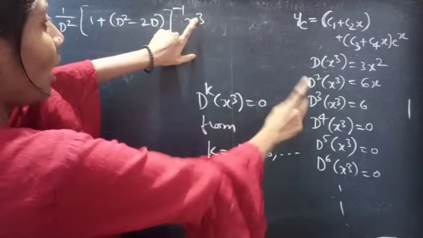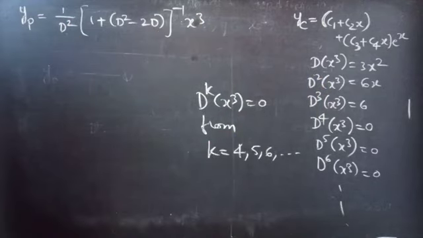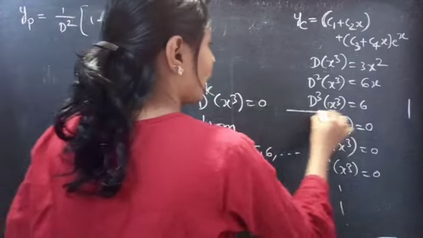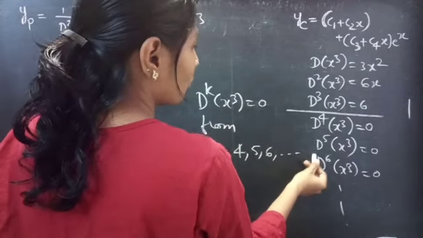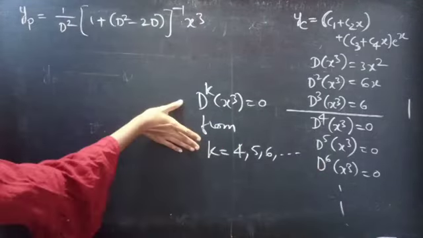Okay? 1, 2 and 3. That's it. And we'll neglect higher powers from D power 4. Right? Just remember this.